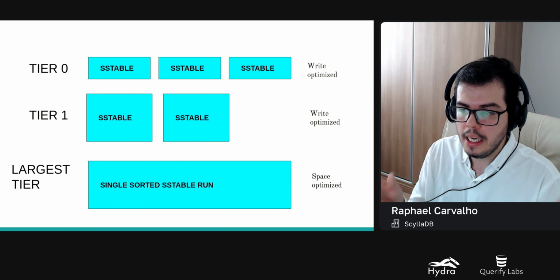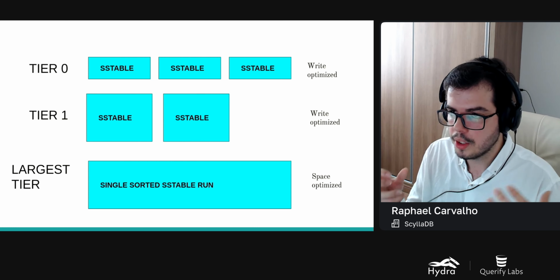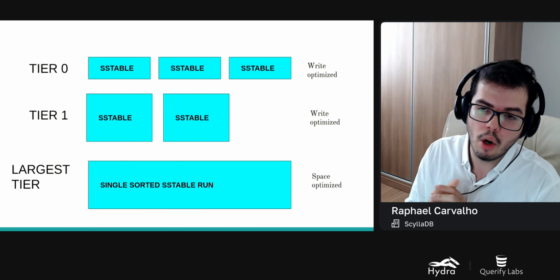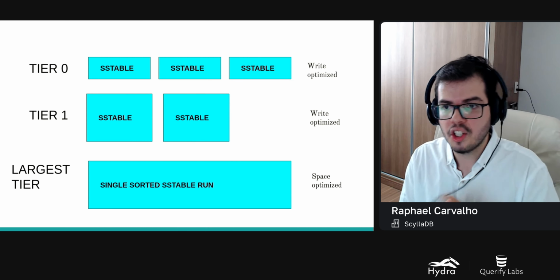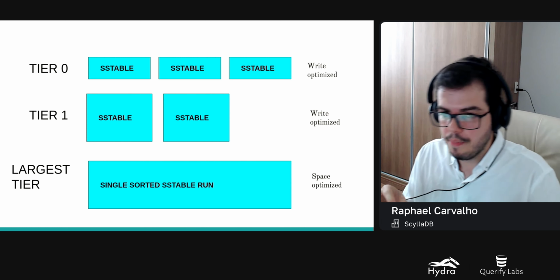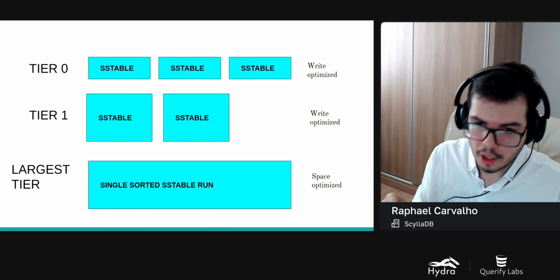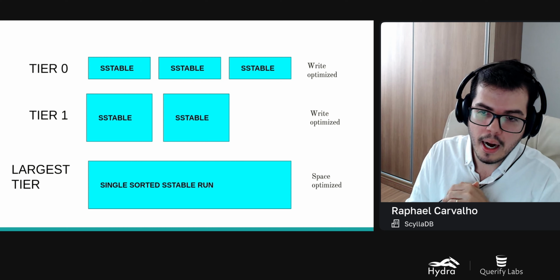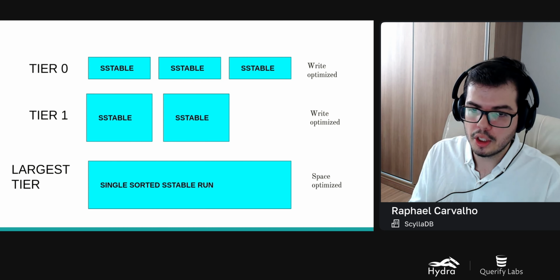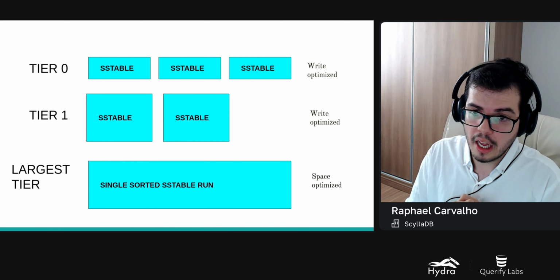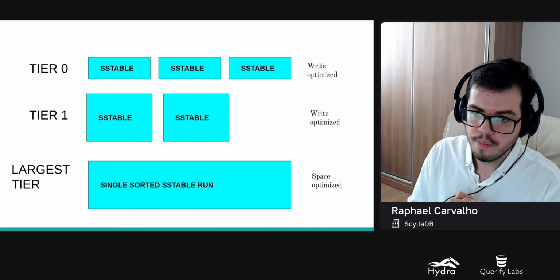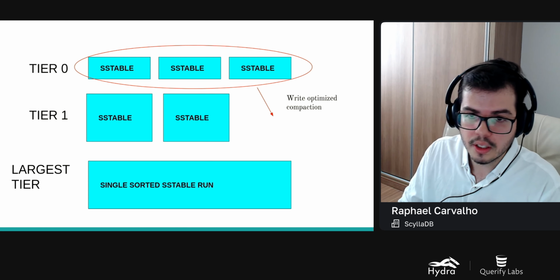So we allow accumulation in the smallest tier, and that makes it write optimized. But given that about 90% of the data is in the largest level, we can make the largest level space optimized. That comes with the write amplification cost.